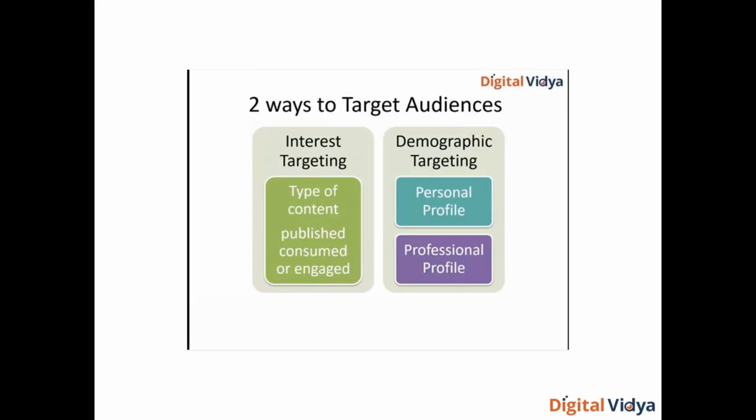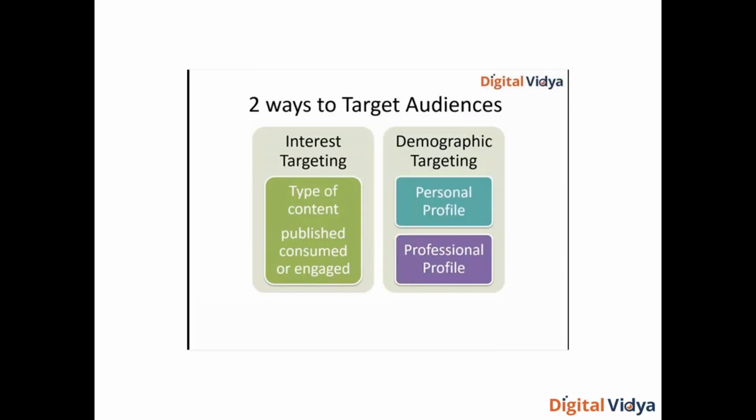So for Malika, I was just trying to make you understand different ways to target an audience. One is demographic, based on personal profile and official or business profile. And the other is based on the interests that they browse on the internet. That's one more way to do audience aggregation.